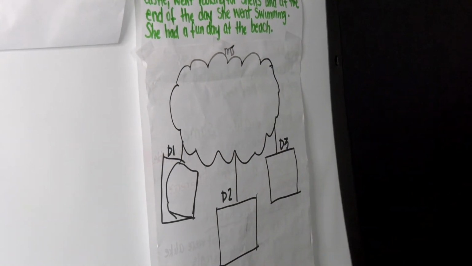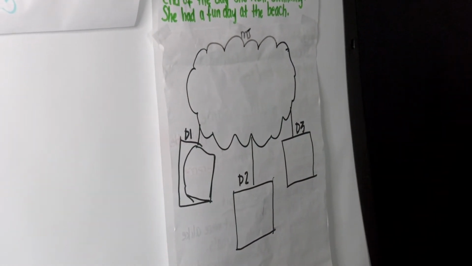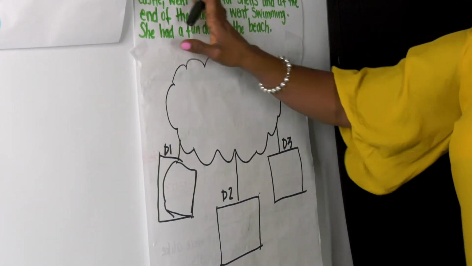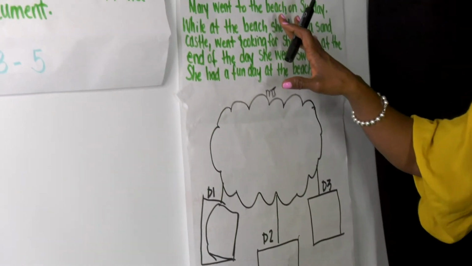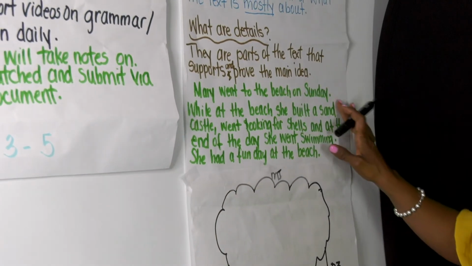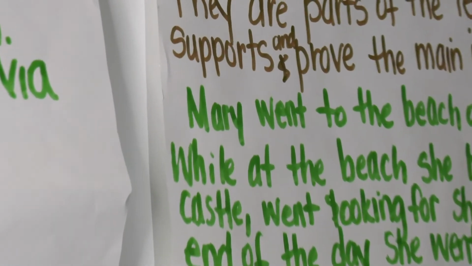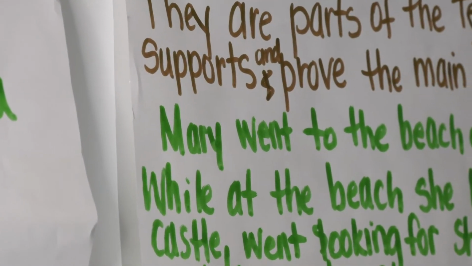Are you ready? Thumbs up. Well, maybe we can read this together. I want you to read along with me, not out loud. I'm going to read out loud, but you're going to follow with me as I read. Okay? I'm ready. Let's go, boys and girls.